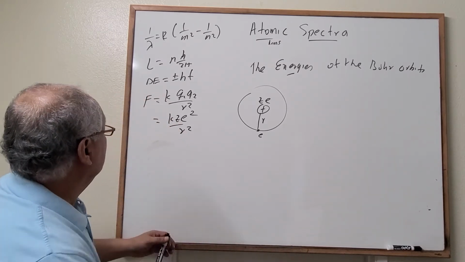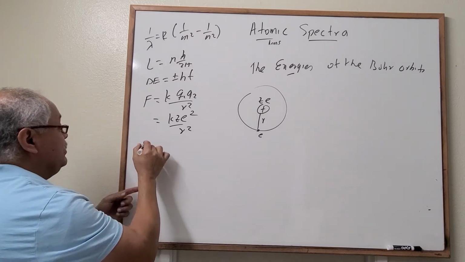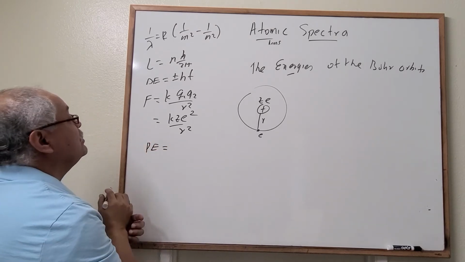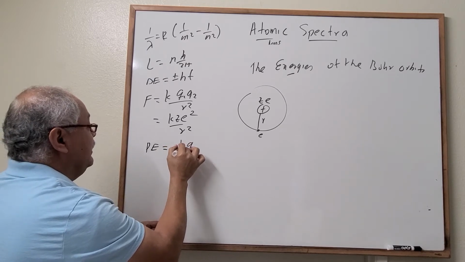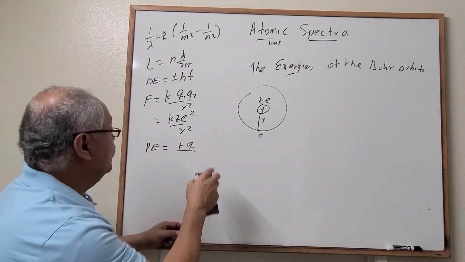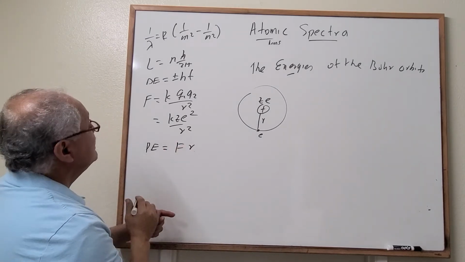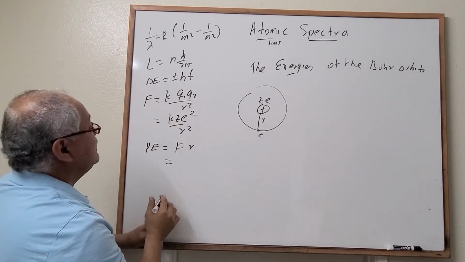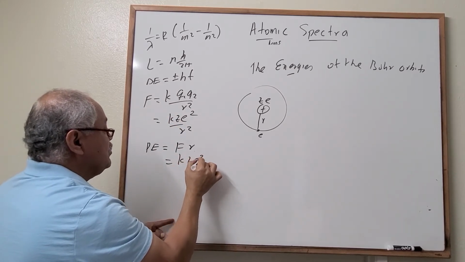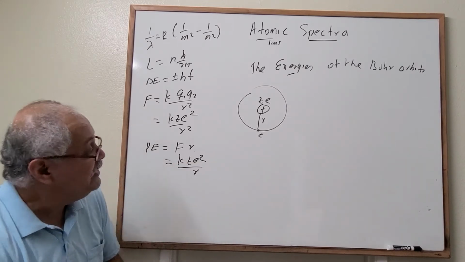Also, we know that the potential energy is equal to the force times the distance. It's going to be K Z e squared divided by R. Okay, that's the electric potential energy.